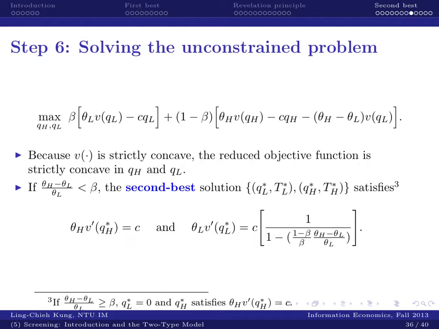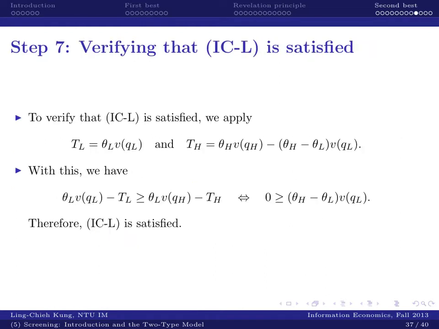You cannot have an explicit or closed form solution for these quantities. So the last step is to verify that ICL is indeed satisfied. To do this, we apply the two equations we got when we find them binding. Okay, because these must be satisfied by the optimal solution.